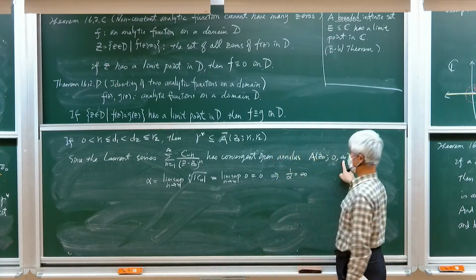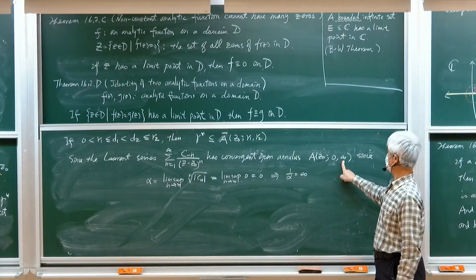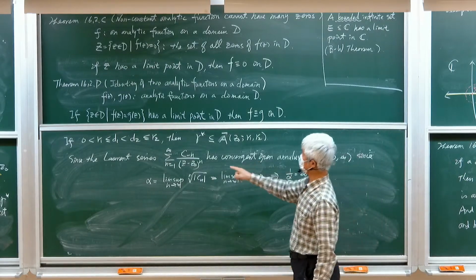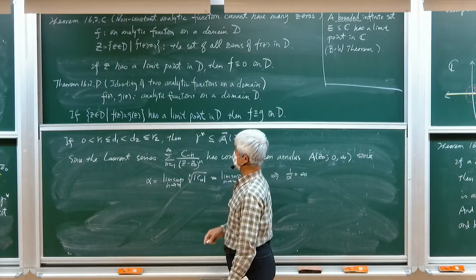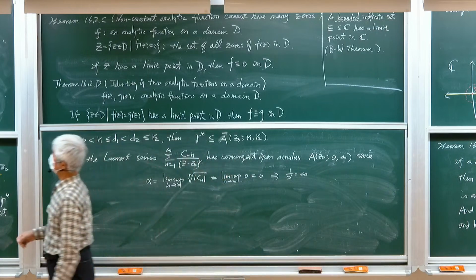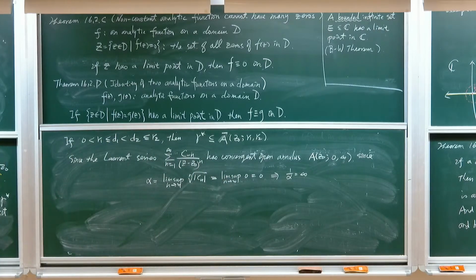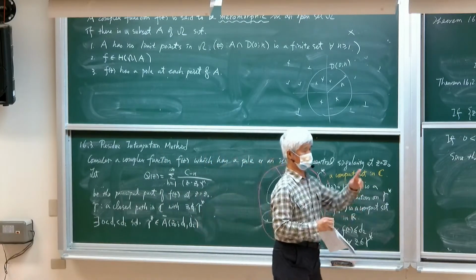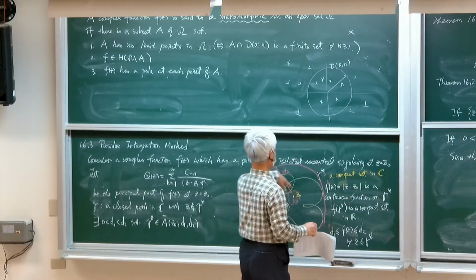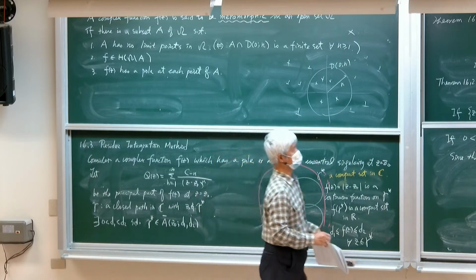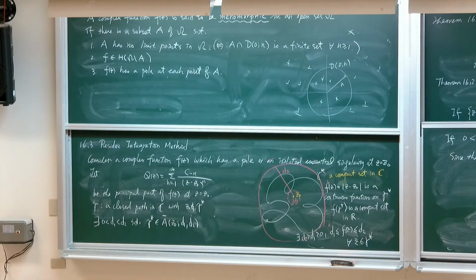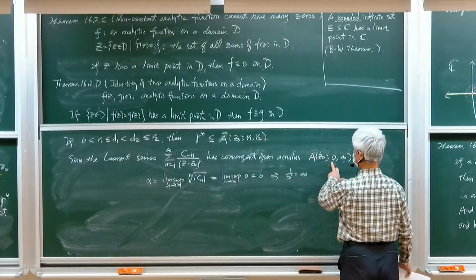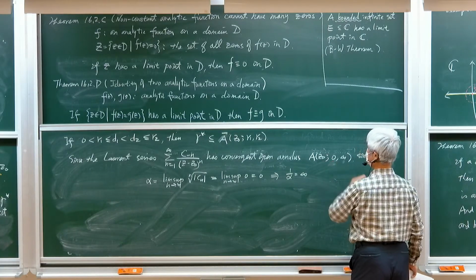So that's why we have infinity here. And the 0 is because it has a pole. So in a neighborhood of z0, f of z is analytic. So that's why it is 0 here.